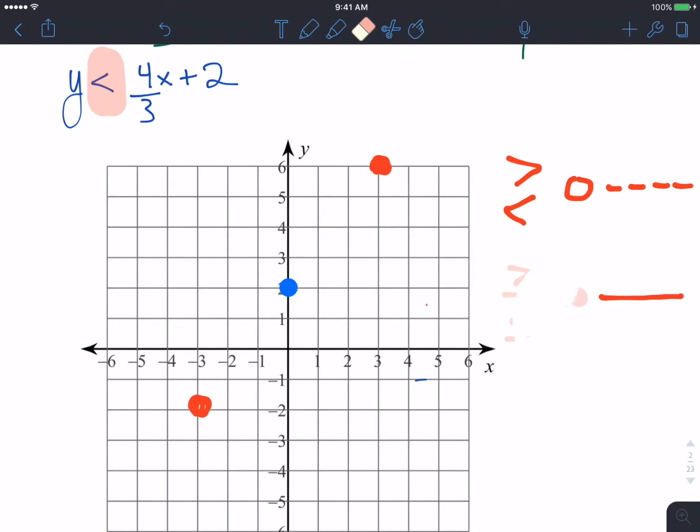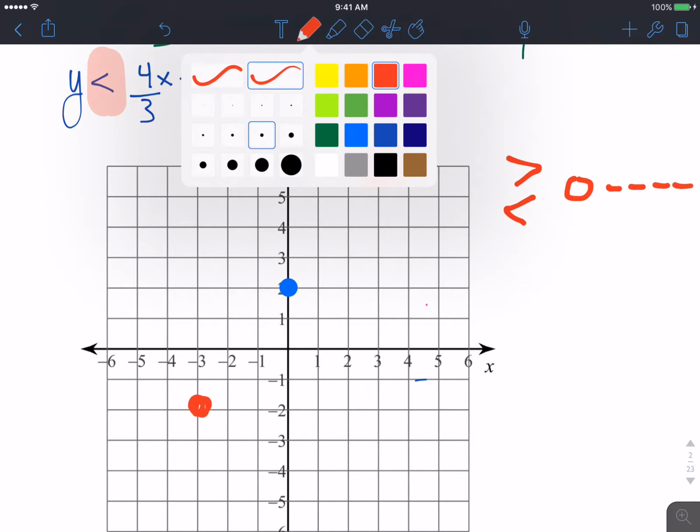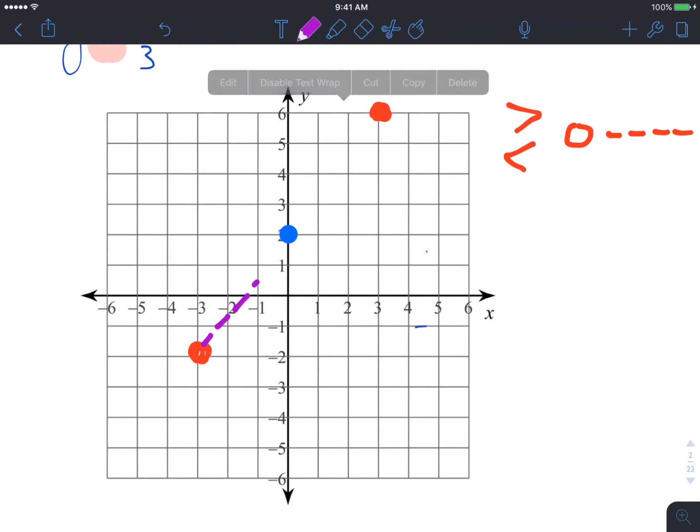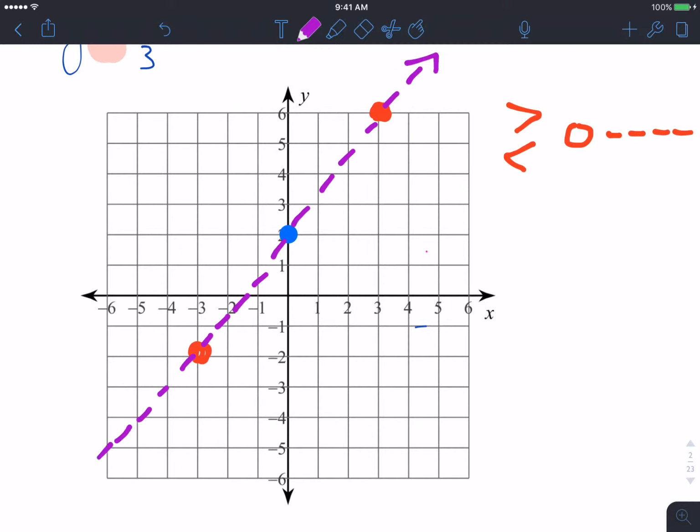So therefore, I automatically know it's a dashed line. And this is what my picture would look like.